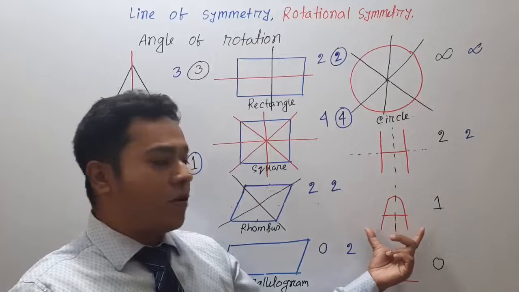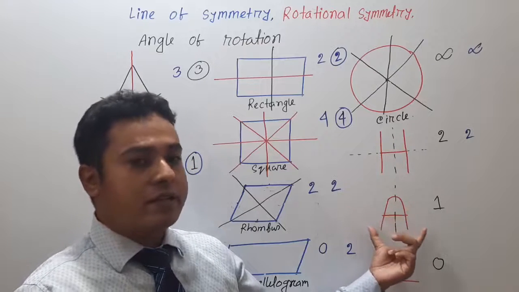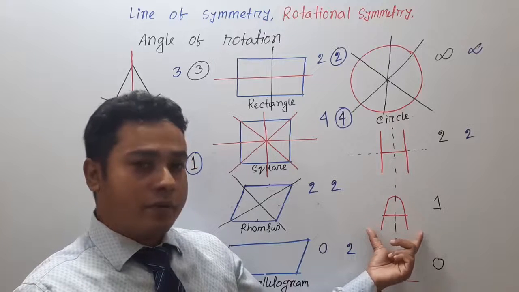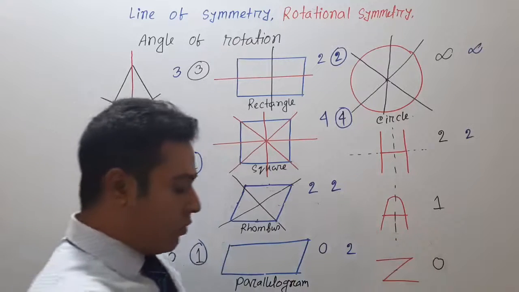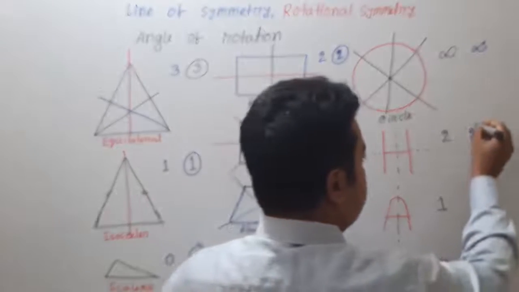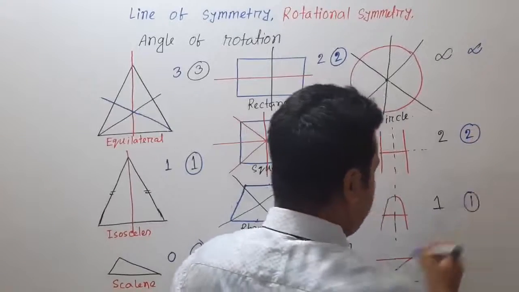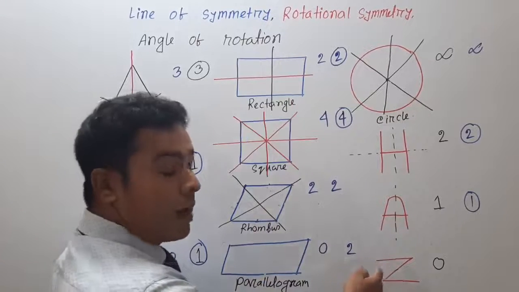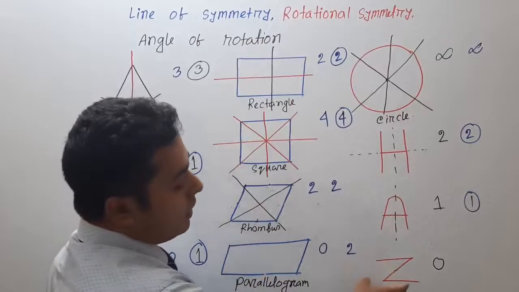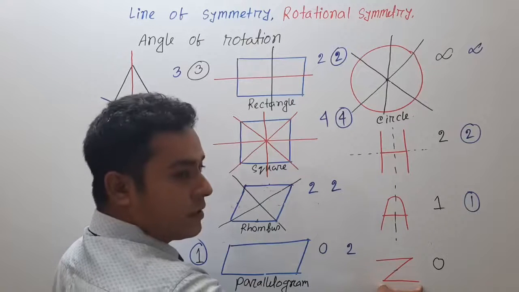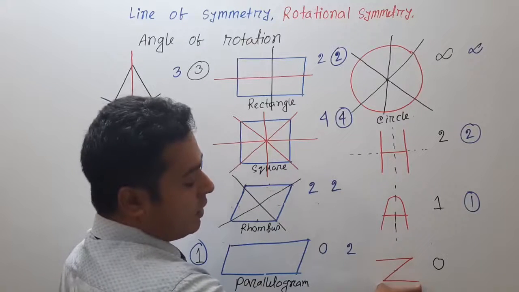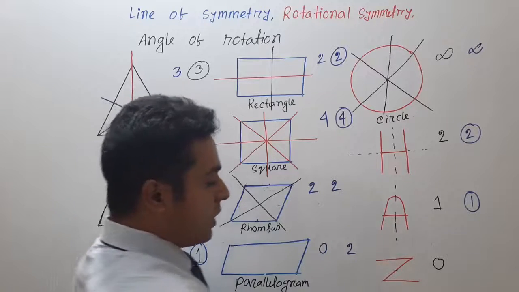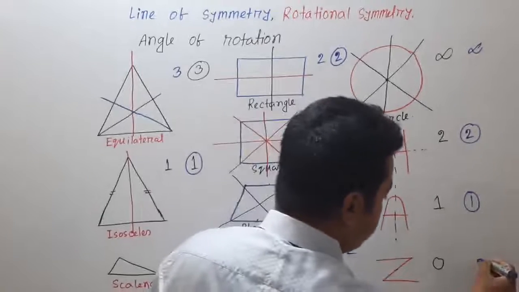So after complete rotation, after 360-degree rotation, the original shape will be repeated. So it has only one rotational symmetry. Now for Z, after 180-degree rotation, the original shape will be repeated, and after another 180 degrees it will also be repeated. So it has rotational symmetry of 2.